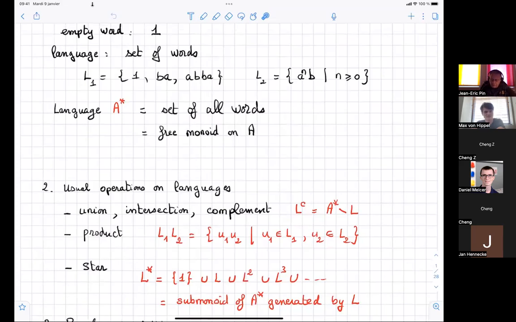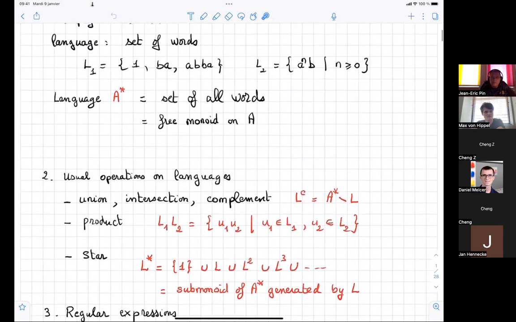So you take a word in the first language, a word in the second language, you concatenate them, and you take all of them. And the famous star operation, which you can define in two different ways. Either as just this infinite union, the empty word union L, the product of L by itself, and so on, or in a slightly more algebraic way, it's just the submonoid of A star generated by L.